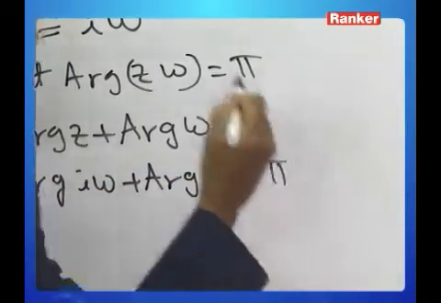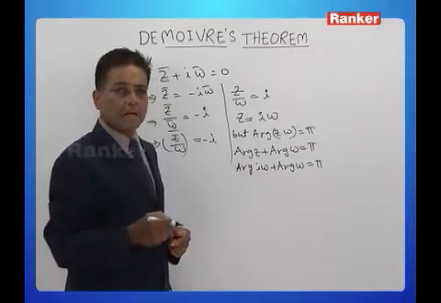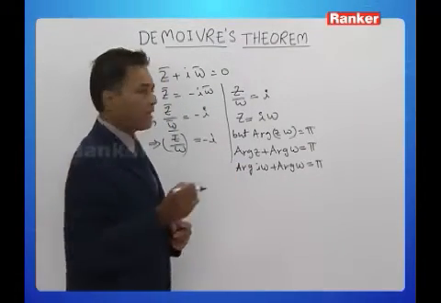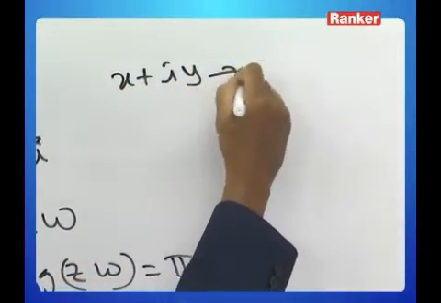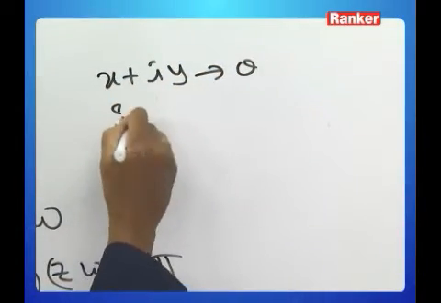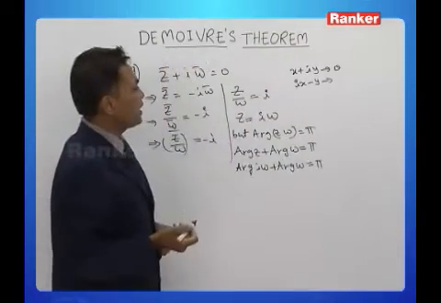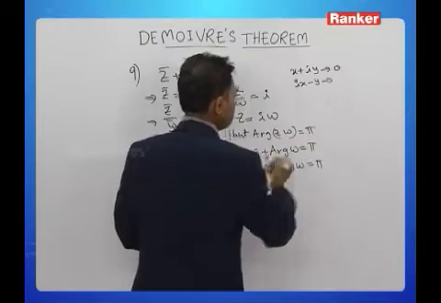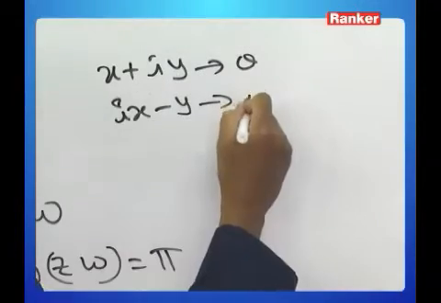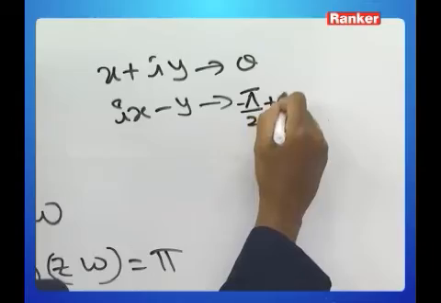So, arg z plus arg omega is equal to pi. Suppose you consider arg omega is theta. When you multiply by i, what will happen? Suppose you consider x plus iy with argument theta, when you multiply with i, it becomes minus y plus ix, right. So that is pi by 2 plus theta.